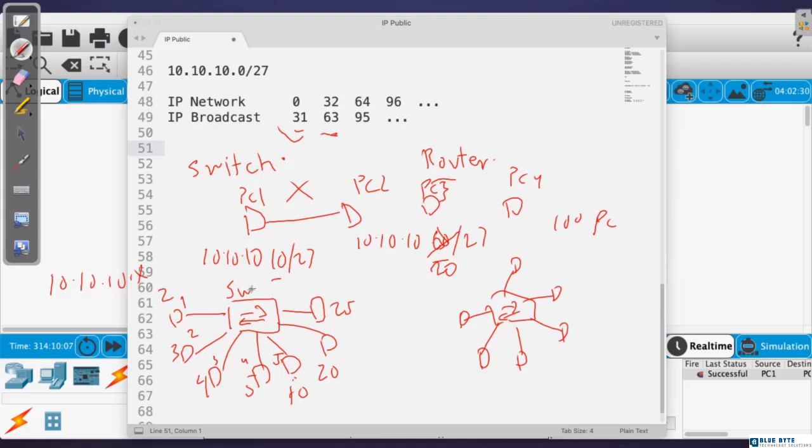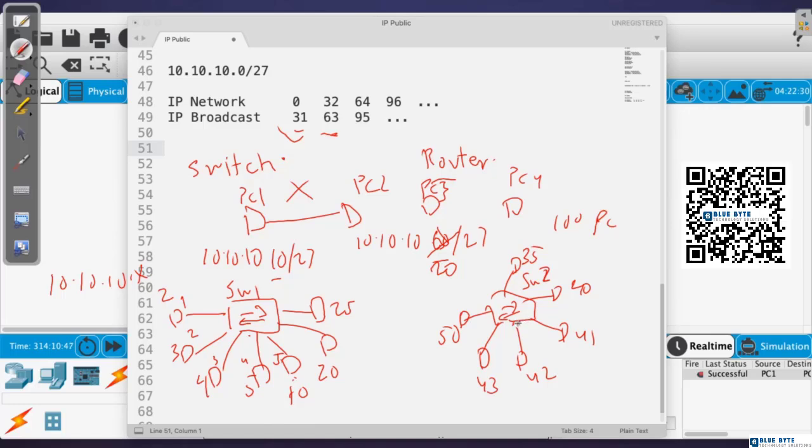For all PCs in room number 2, we will use the second block subnet. Here we use 10.10.10.35. Remember that 35 is in the second block subnet, and here we use 40, 41, 42, 43, and let's say 50. Here, all PCs in room number 1 will be able to communicate with each other, and all PCs in room number 2 will also be able to communicate with each other.